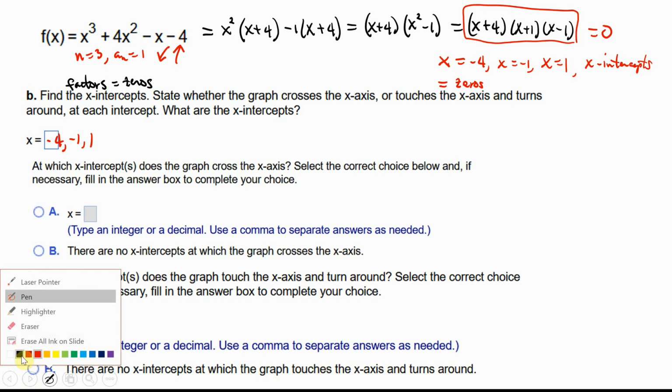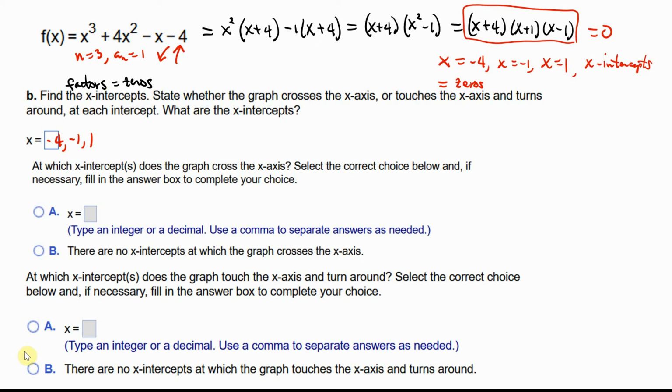So what do you say here? I have three x-intercepts, and their powers are what? X plus 4 to the first power is 1, that's odd. X plus 1 to the first power, that's odd. X minus 1 to the first power is odd.